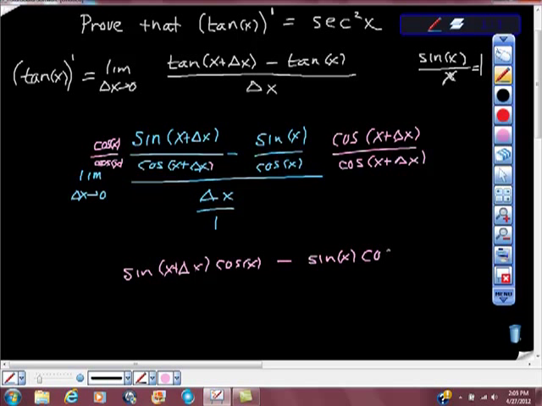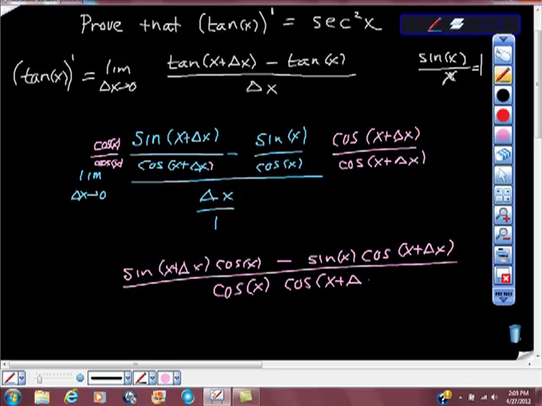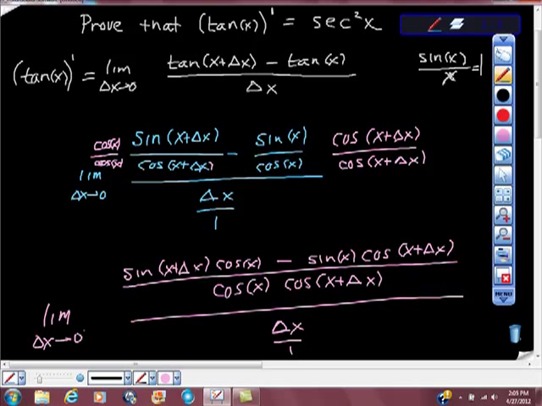It's really helpful. Just hold on a second. Sine of x plus change in x, all over cosine x plus change in x, over change in x over 1. Remember, we're in that limit process. So far, so good?